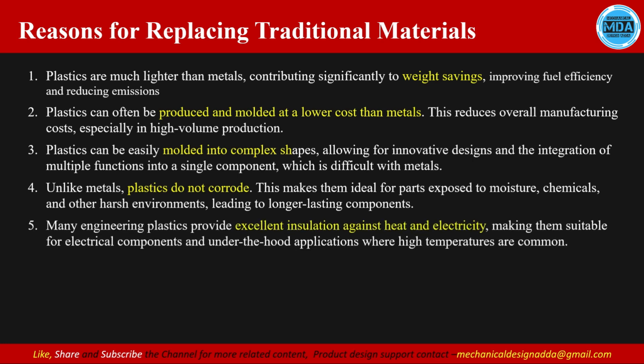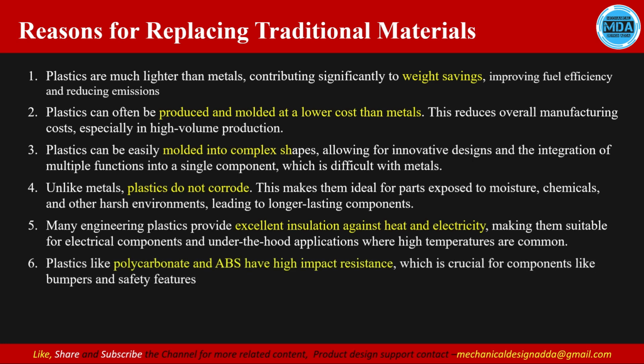And plastics have good insulation property against heat and electricity, so they are suitable for electrical components and underhood applications where the temperature is high. And polycarbonate and ABS materials have high impact resistance, so we can use these components where impact is coming, like a bumper or in safety features.